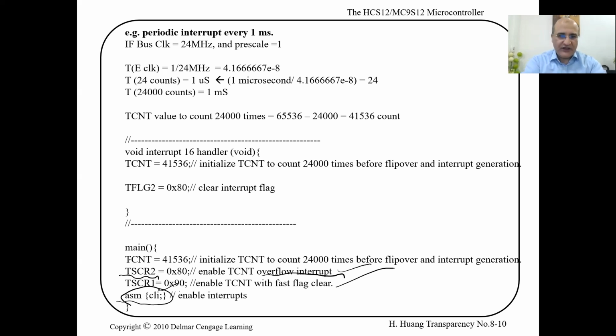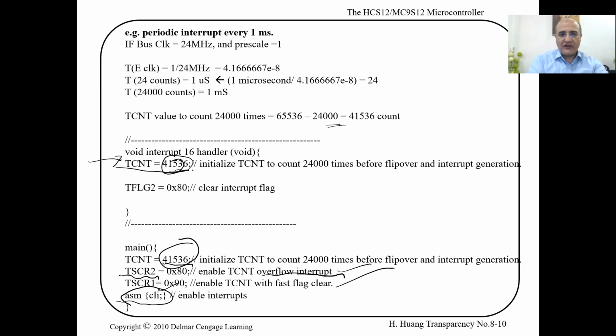Afterwards, the Tcnt will count from 41,000 to 65,000, 24,000 times. It will cause an interrupt. Then your program counter will come here. The first thing you do inside the interrupt, you rewrite the initial value, because if you don't, it's going to go back to 0 and count 65,000 times instead of 24,000 times.